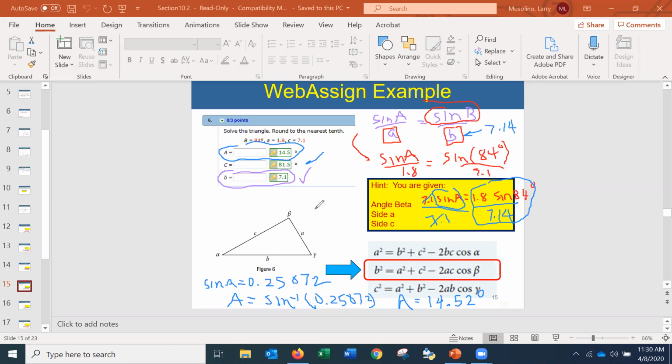We had to start out using law of cosines for this problem. But once we found side B, then that opened up more possibilities to us. So we were able to either use law of sines or law of cosines to then find any of the angles here.